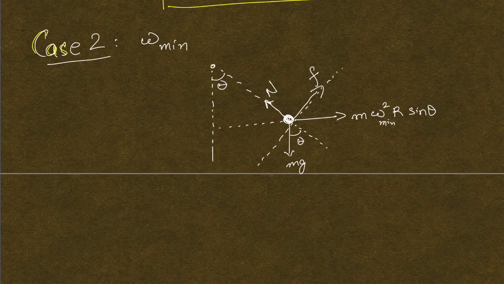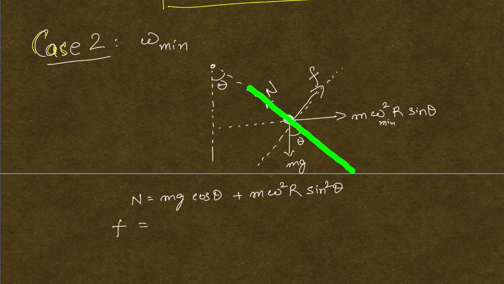So we can analyze similarly to the previous case now. We have n equals mg cos theta plus m omega square r sine square theta. And then this is the equilibrium in this direction.